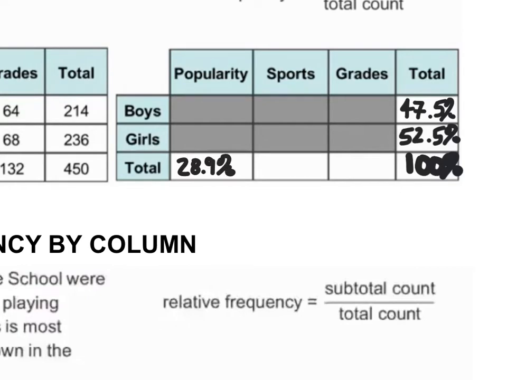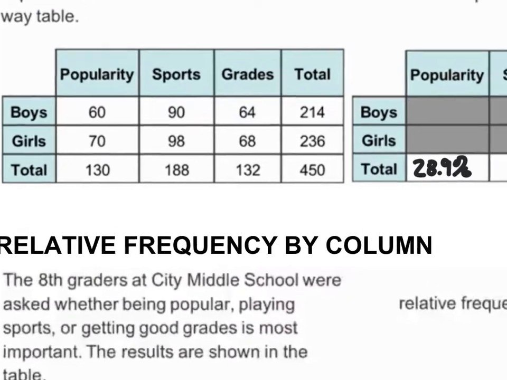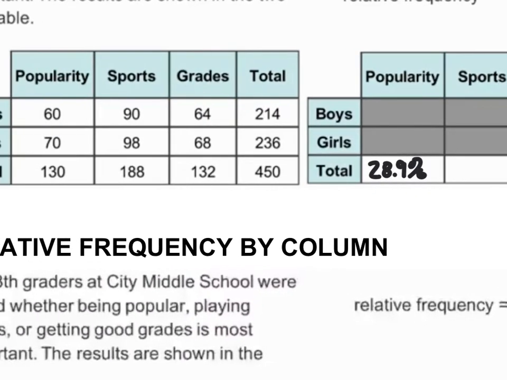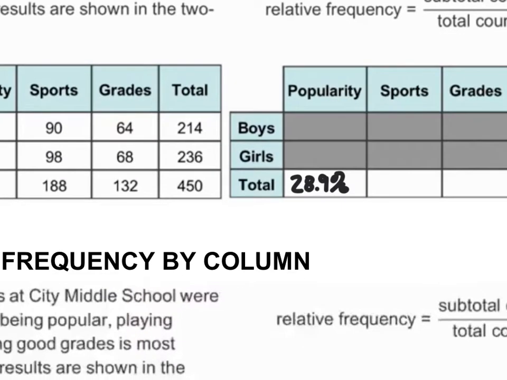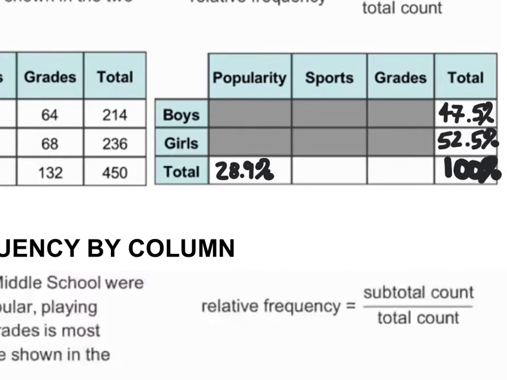Then I want to find the percentage of students that like sports. So 188 divided by 450 gives me 41.7 repeating, which will round up to 41.8.